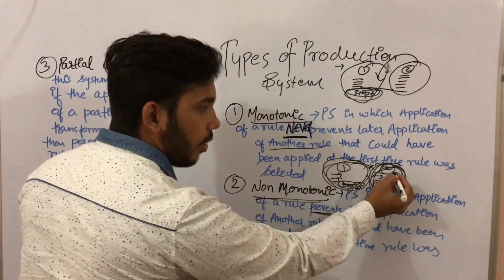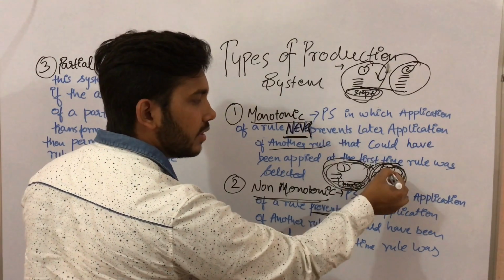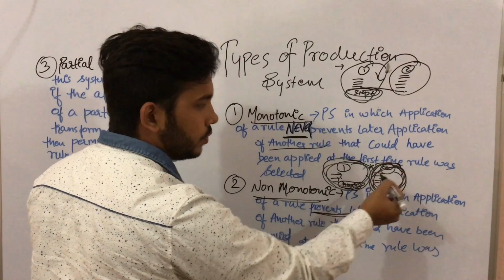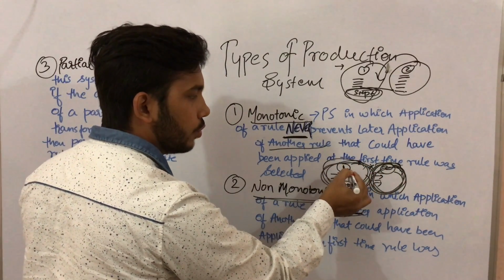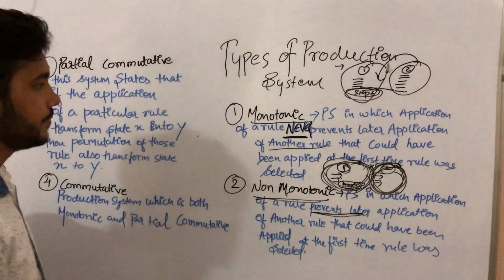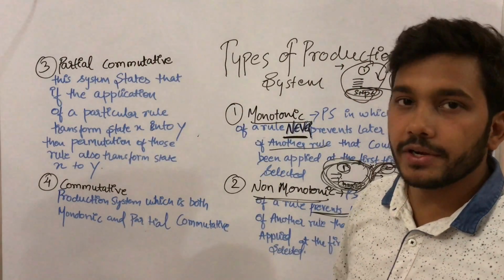Now you cannot go back and change, and now you cannot use rule 2. So basically at a time you can only choose one rule and application of another rule cannot be applied. This is non-monotonic.